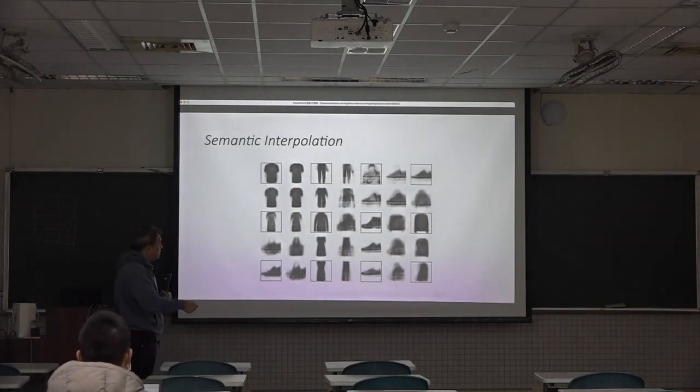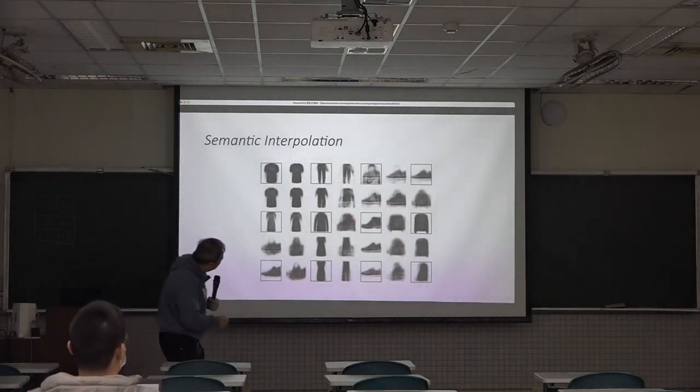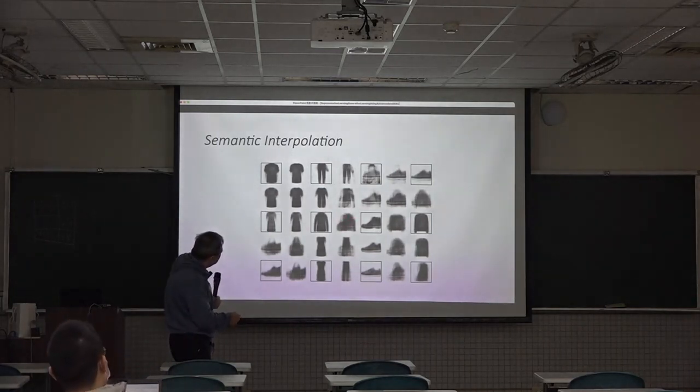But if they are very different, for example, these shoes and clothes, then the semantic interpolation between these two will not be able to guarantee what this is. In this case, it's probably shoes, but it's not very clear.